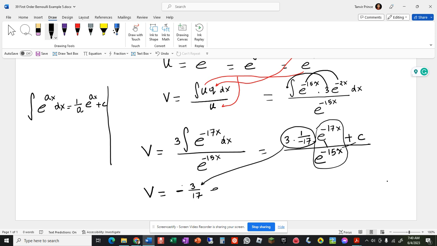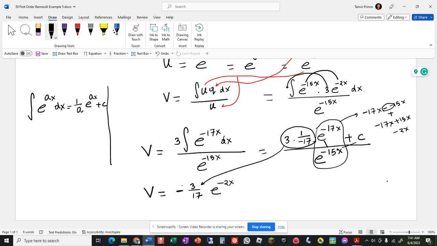So I get e to the power negative 2x. Just to show you here, when I subtract the exponent, it is negative 17x minus negative 15x. So that's actually a plus. So I get negative 17x plus 15x, which is negative 2x.